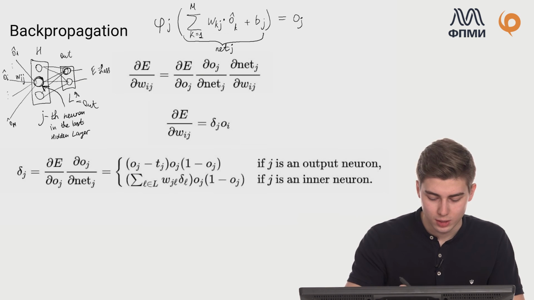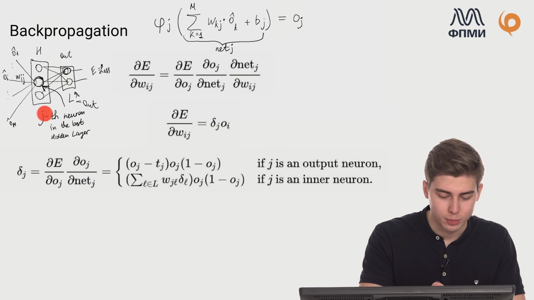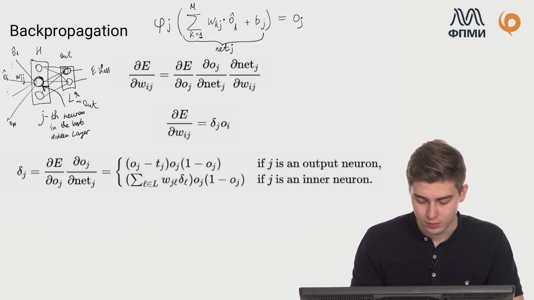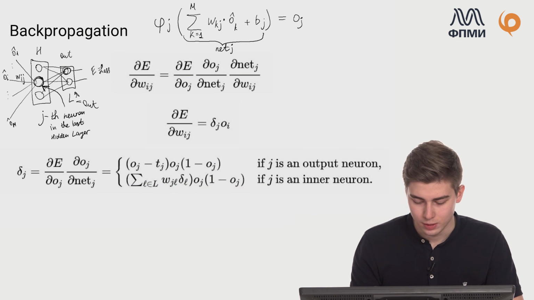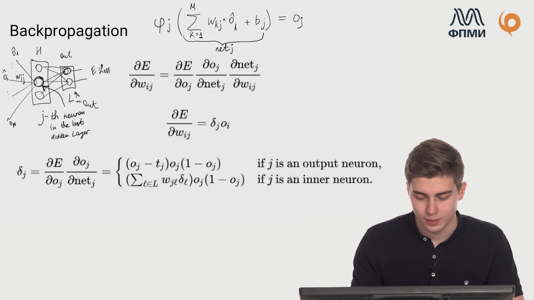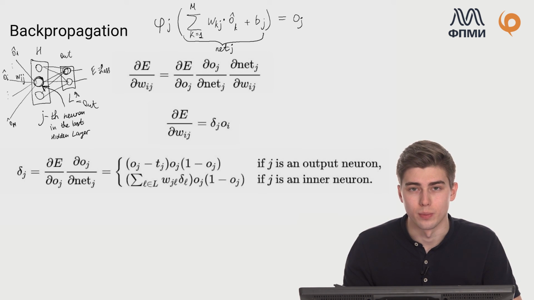Then, using them, as you can see here, we can calculate the parameter updates for the previous layer through this expression, using the outputs of this layer and the parameters of the output layer. And this allows us to effectively apply gradients in our network and update the parameters of the multi-layer neural network. And this completes the backpropagation algorithm.